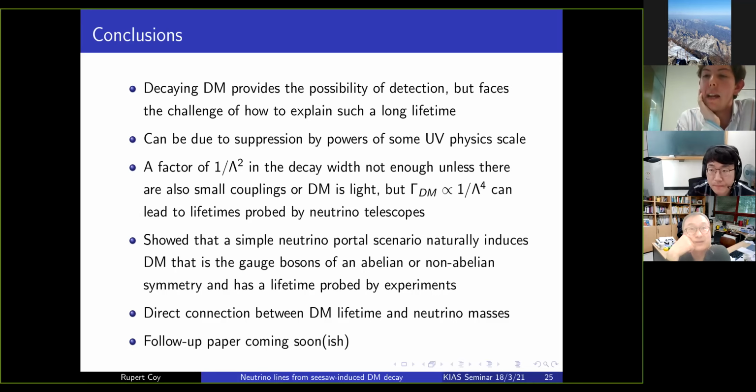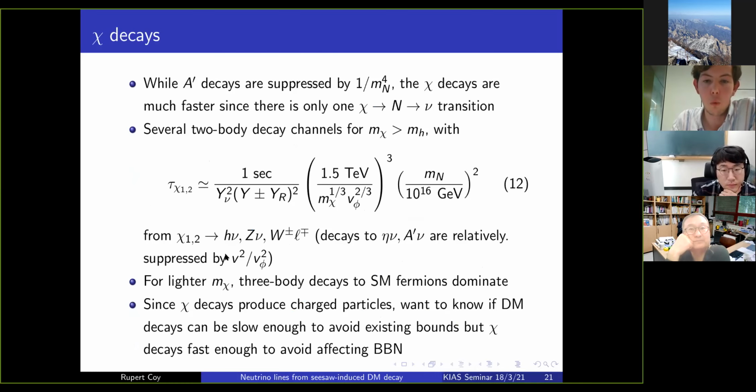Conceivably, it depends. I think one could imagine different ways in which this abundance arises. If you assume some kind of freeze-out process, it would be interesting to consider what the connection is.